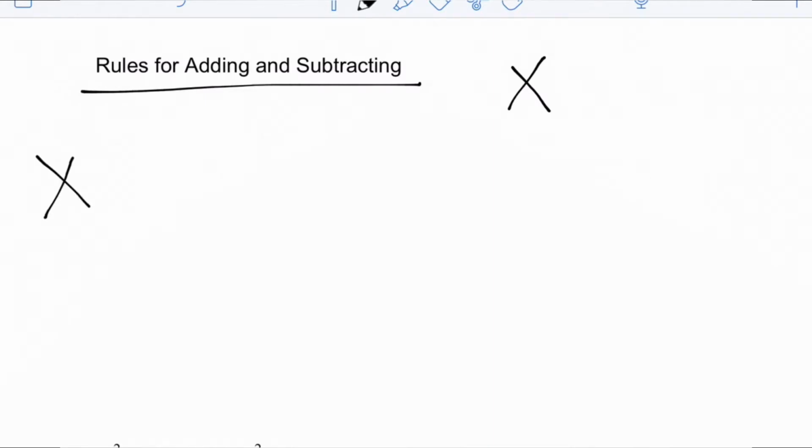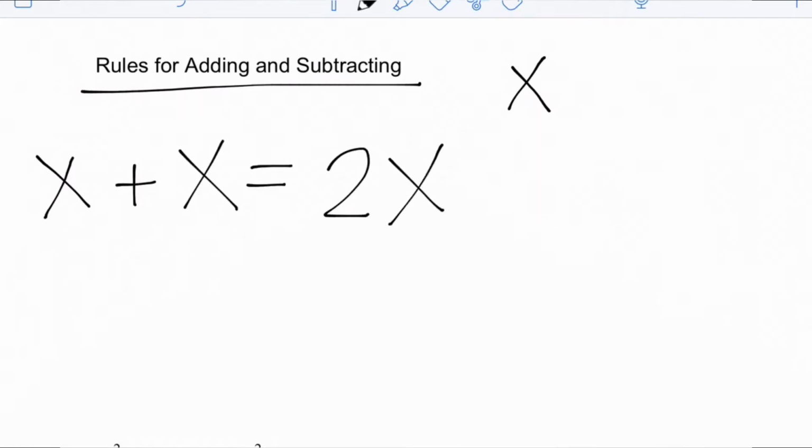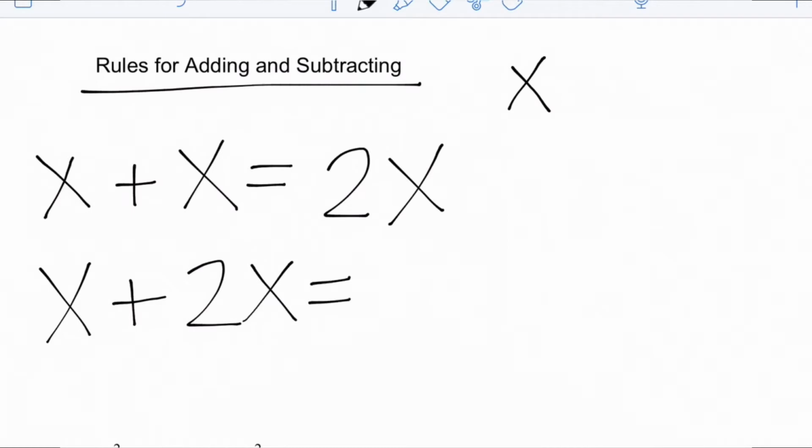When we're adding x, we can do x plus x equals 2x. Okay? We can also do x plus 2x equals 3x. The important thing is that when we're adding x's, the number in the front is what we add. And when there's no number, we have an invisible 1.